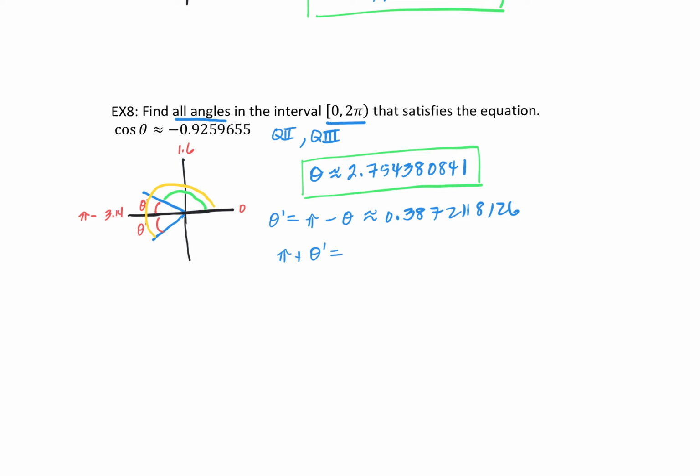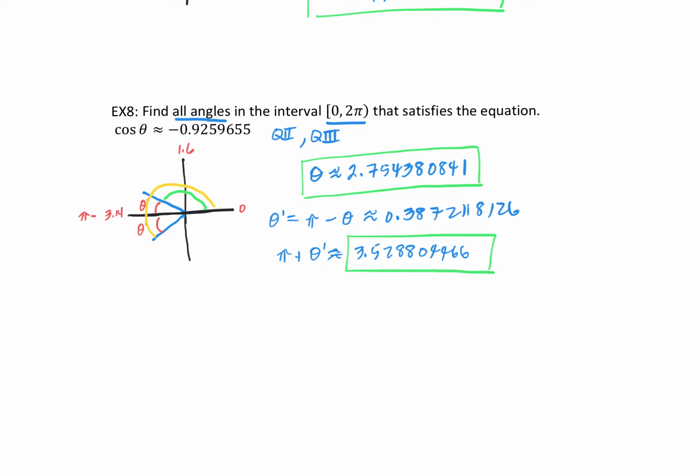Okay, so it's approximately 3.5288. Okay, does that make sense? In quadrant 3, we're going from 3.14 to about 4.7. So yes, that would be an angle in quadrant 3.